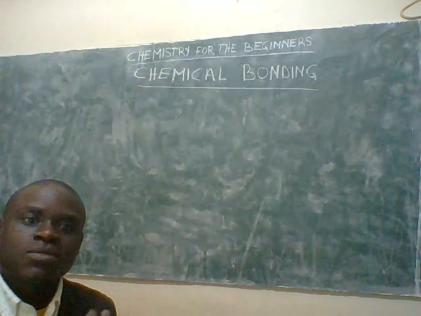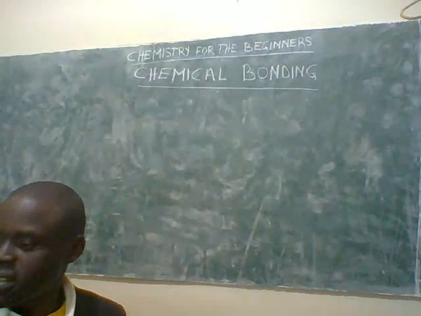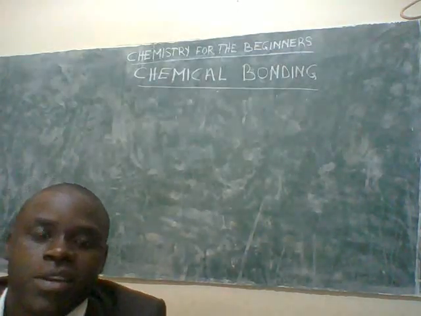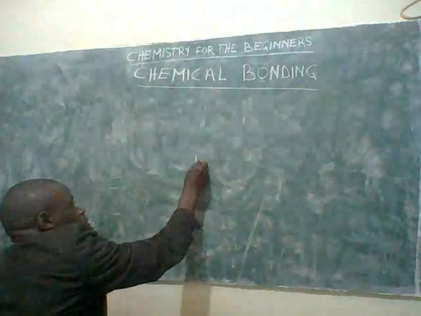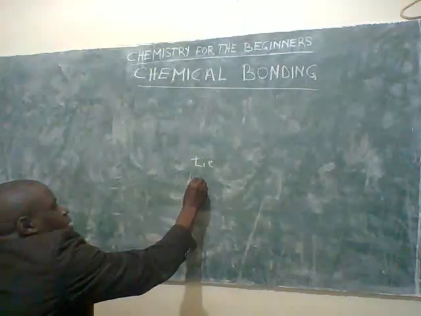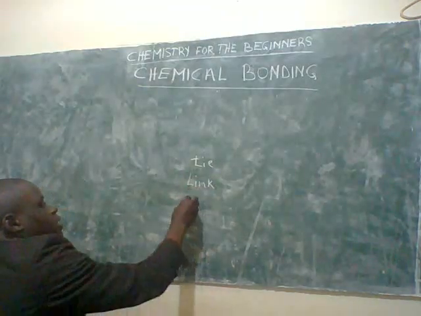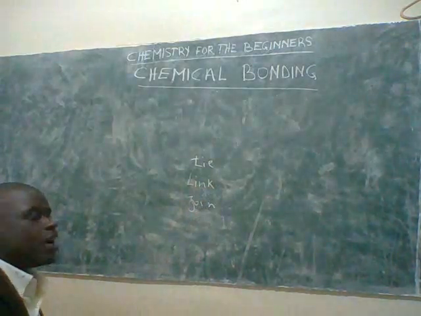So chemical bonding has many types in chemistry. As if I say to tie, to connect, to ring, to join something together.